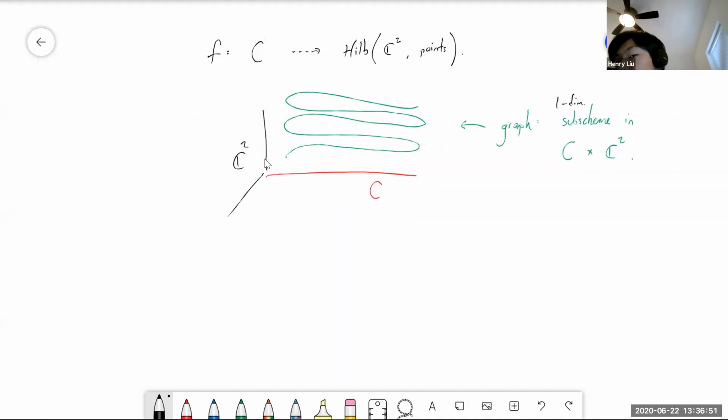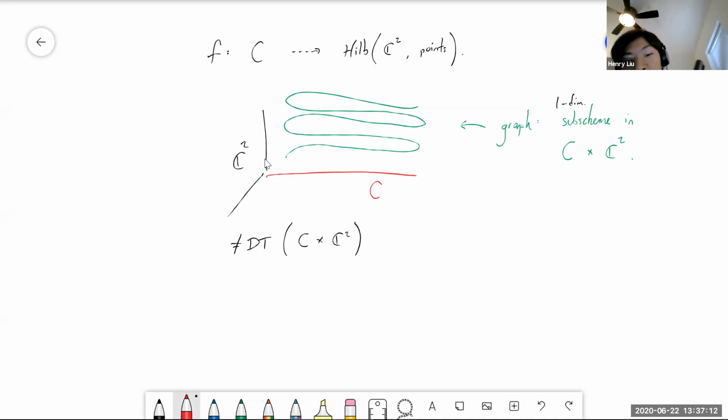And so this is not exactly DT theory. This is not the same as taking DT theory on C times C2.